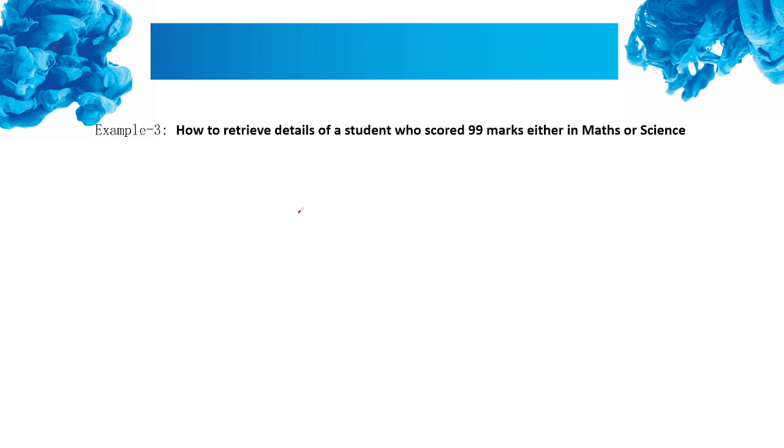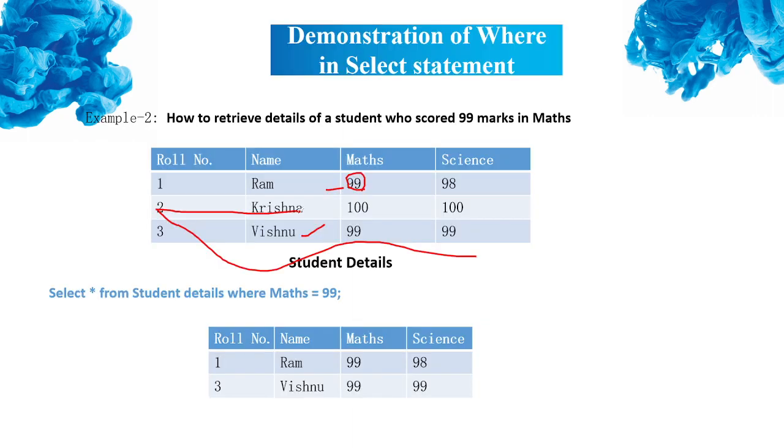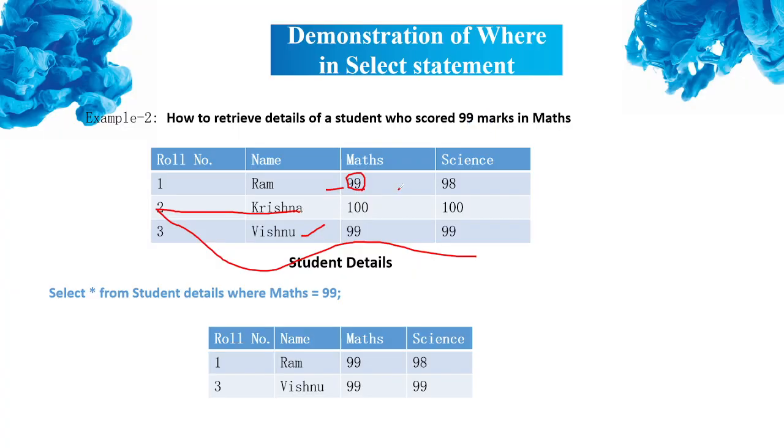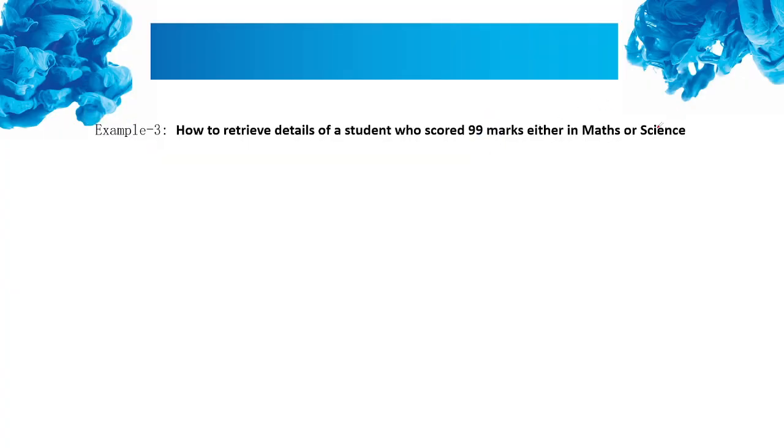If we consider the last table as our table, select star from student details, where either in mathematics or in science.